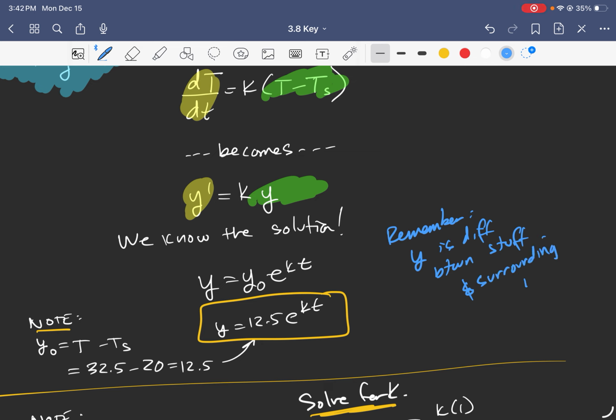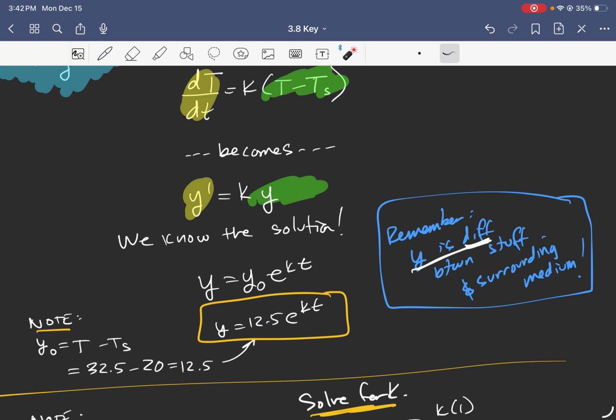Surrounding medium. That's really a big thing to remember. y is just the difference. So y is the difference between the surrounding medium and your stuff.